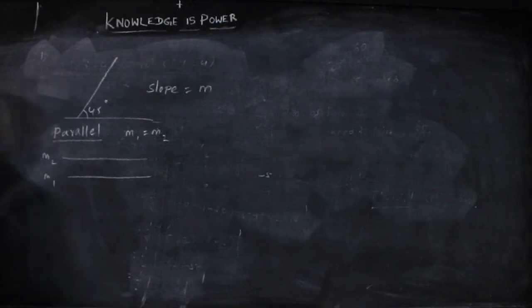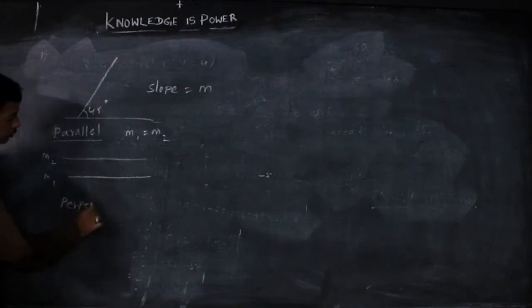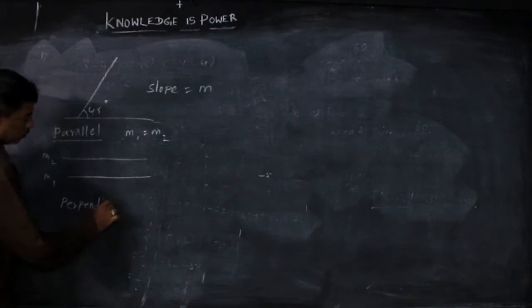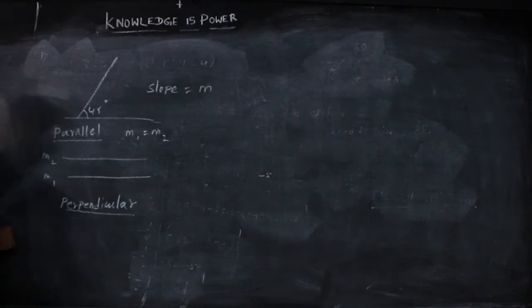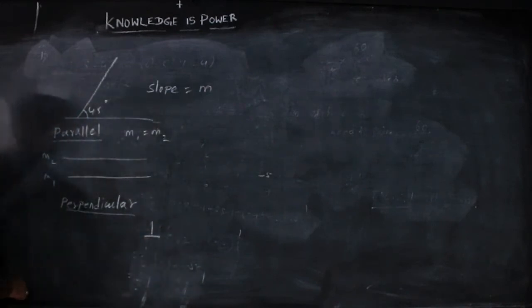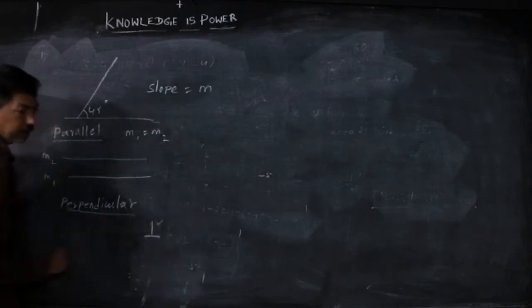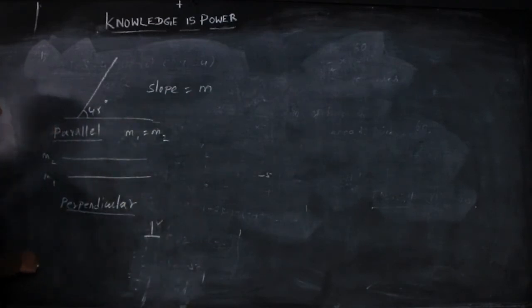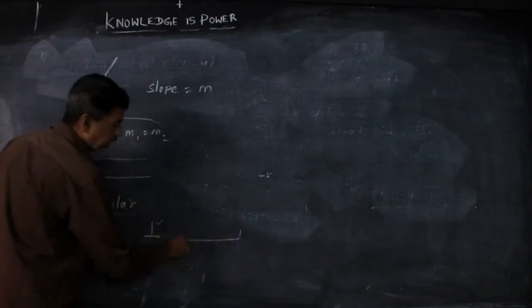Okay, when the line is perpendicular, this is called a perpendicular line. இல்லையா, அந்த T மாதிரி இருக்கிறது perpendicular line. One line is like this.